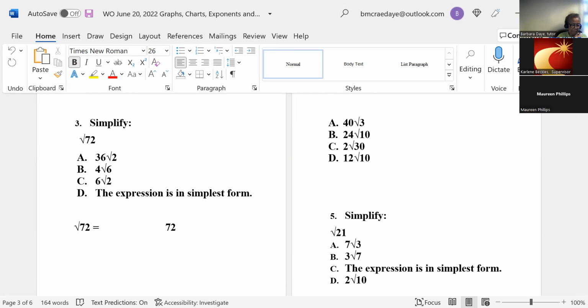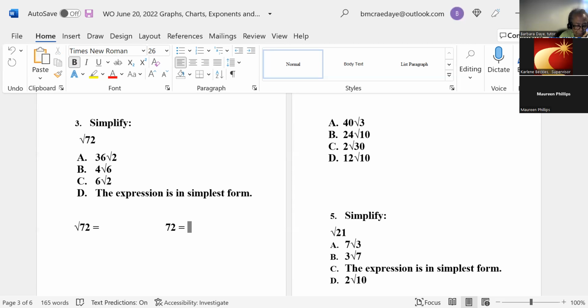What would that be? 72 is what 2 numbers multiplied where 1 is a perfect square? 12 is not a perfect square root. I know. 2 numbers you can multiply and get 72, and 1 is a perfect square root.